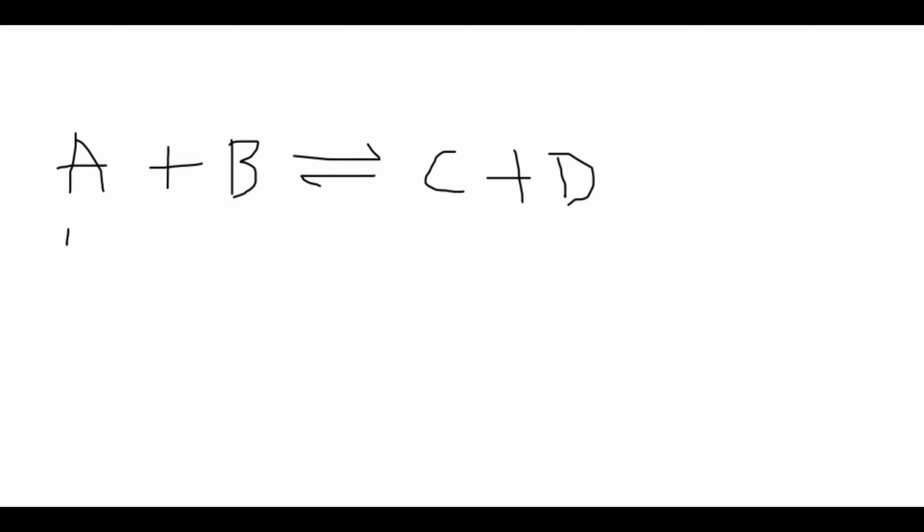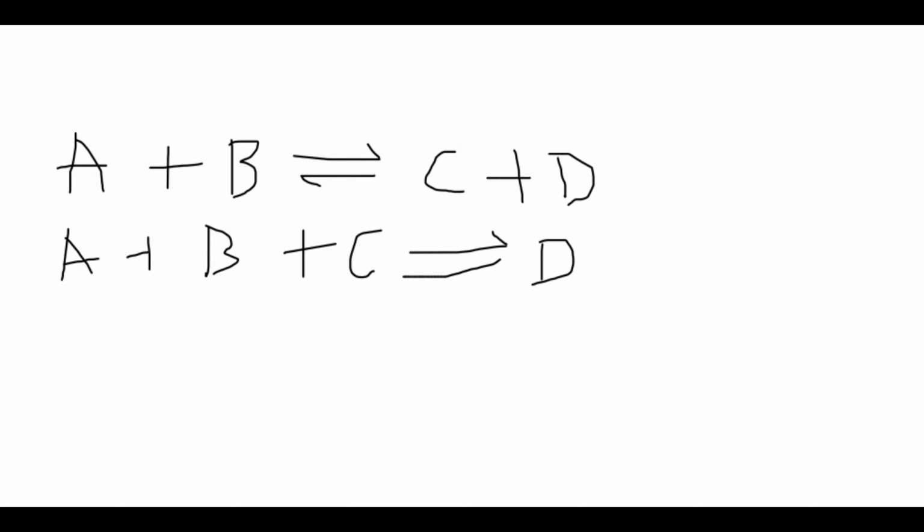Now another example is, I can say A plus B plus C can react to form D, and D can decompose to form A, B, C. I can also say that A plus B will react to form C, and C will decompose to form A plus B, or A and C rather.